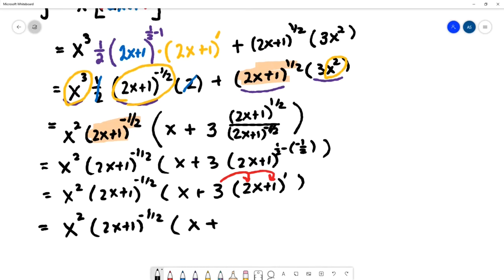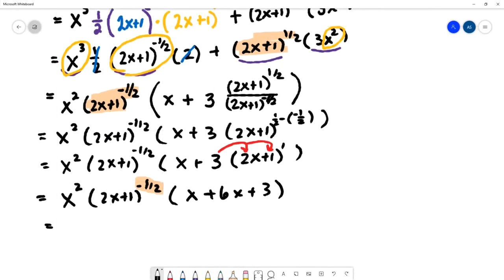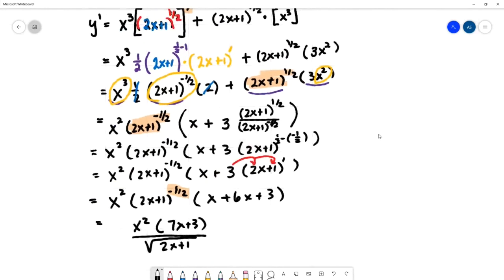That would be x plus 6x plus 3. And because we have a negative 1/2 power, I can move that factor to the denominator and also turn it back into a square root. So we have x squared times 7x plus 3 over the square root of 2x plus 1. Let's zoom out so we can see the whole derivative process.